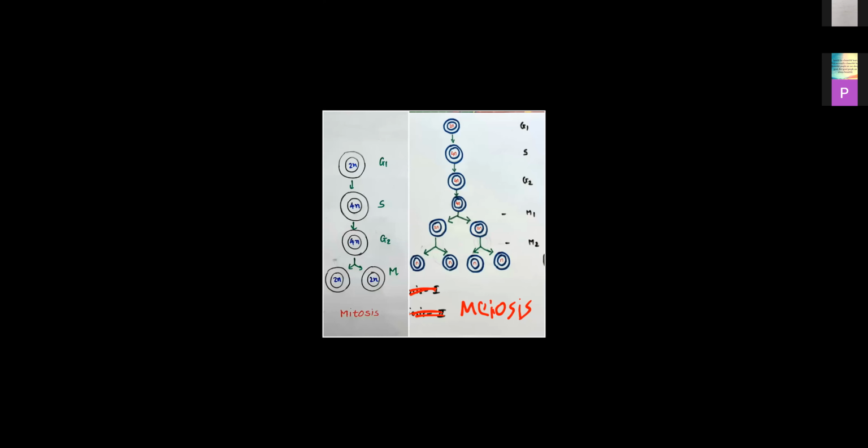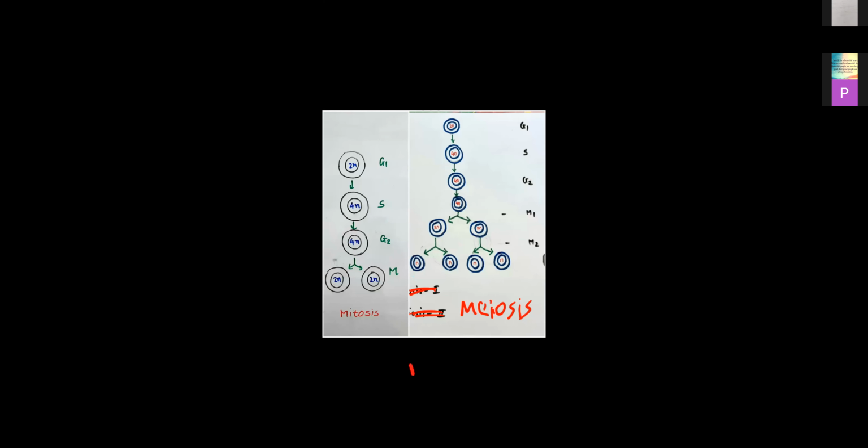मैं ये चीज आपको different way में explain करता हूँ. What they are trying to say. Have a look at this comparison of these two. See, G1 S G2 M. Again, there will be G1 S G2 M like that.